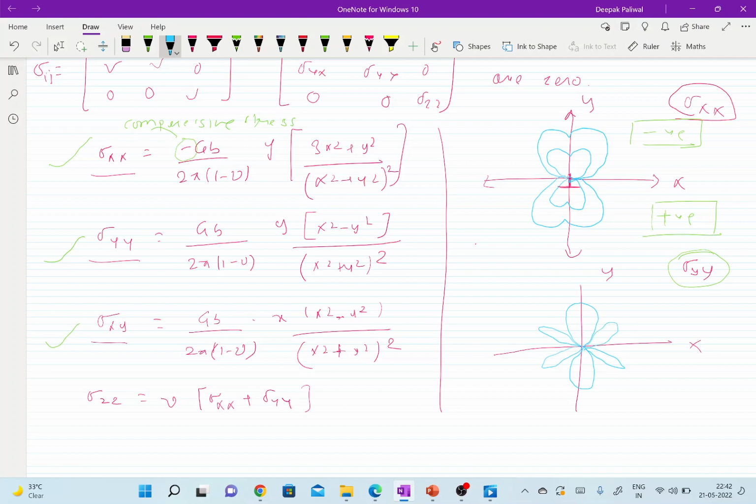This is negative, this is positive. Let me mark with the green color: this is positive, this is positive, this is positive, this is negative. So this is the profile, the distribution of sigma yy.